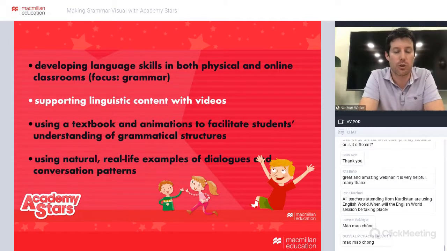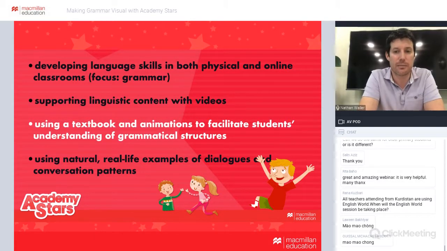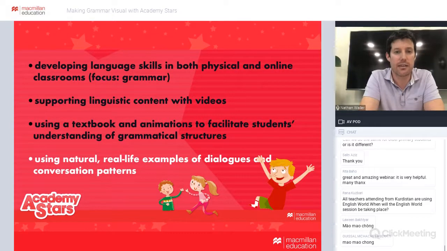They can keep watching it as many times as they need in order to understand not just the grammar point, but the grammar strategy. We looked at using animations with a little stick man, and he pushes things together. Again, a nice, fun, interactive way. And our aim is to get them to use the grammar in dialogue. They're primary, so we're focused mostly on speaking and conversation patterns.